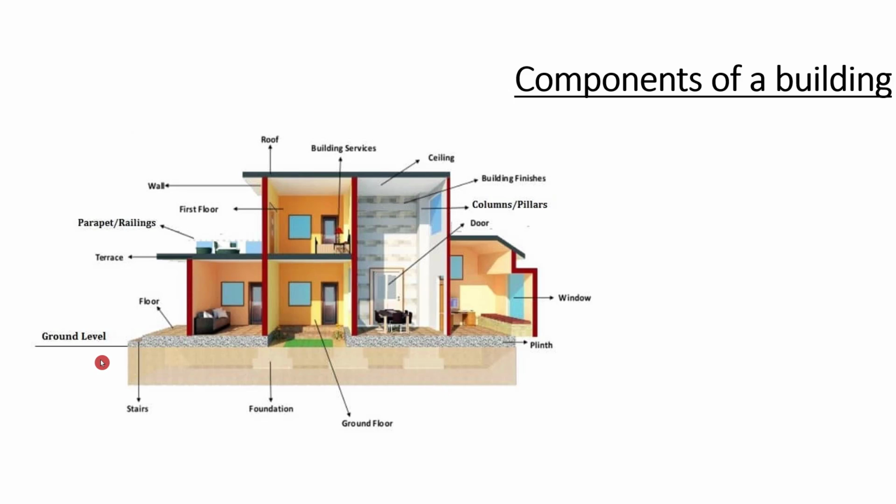So all the constructions below the ground are called the substructure, and all the constructions above the plinth, that is above the ground floor, are called the superstructure, and the structure in between the substructure and the superstructure is called the plinth. Okay, we will see in detail.